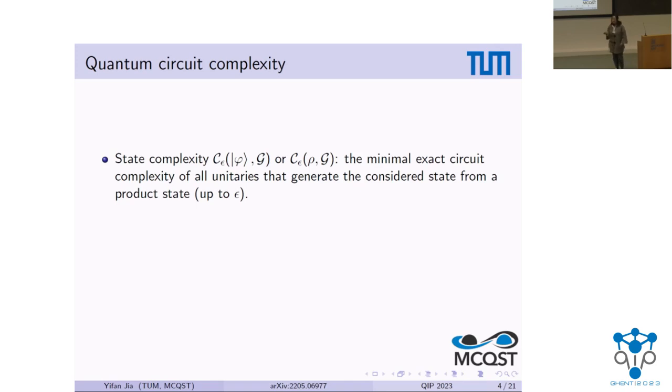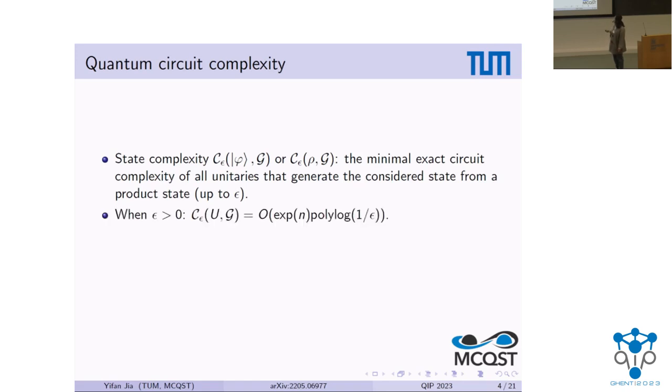Similarly, we can also define state complexity, where we just substitute the unitary by some mixed state or some pure state. The definition is the minimal number of gates that we use to build up the target state from some product state, like the zero state we already have, up to some tolerance epsilon.